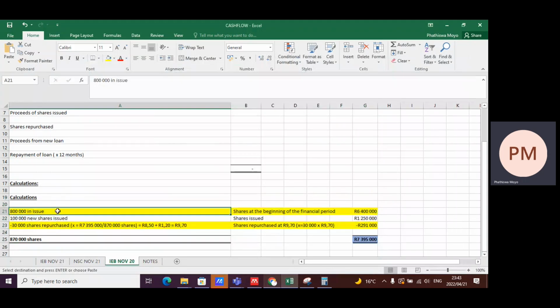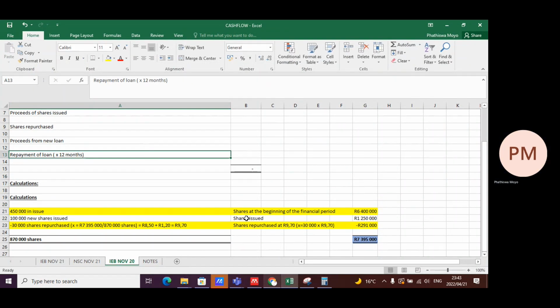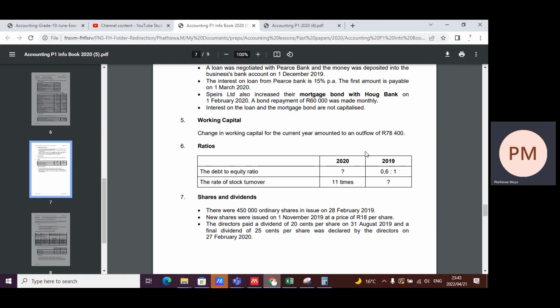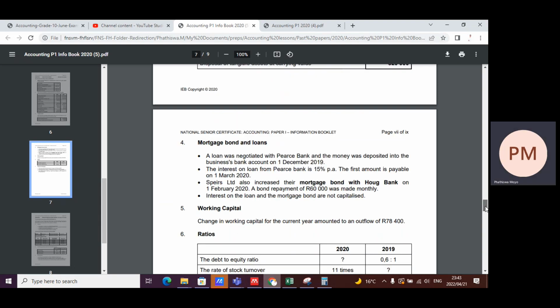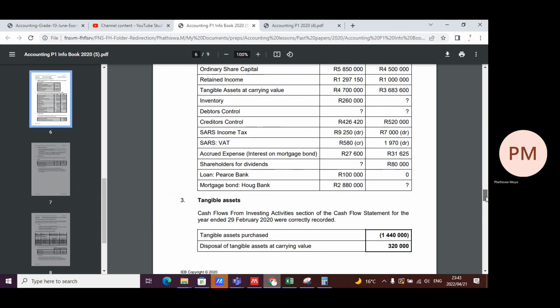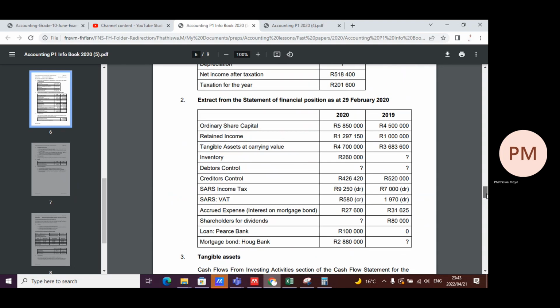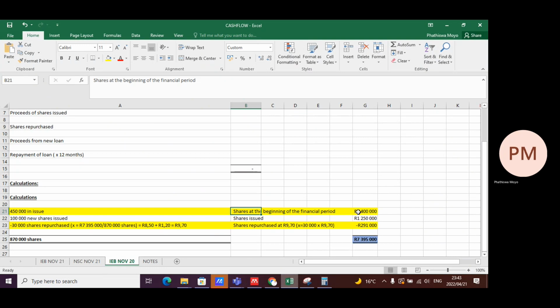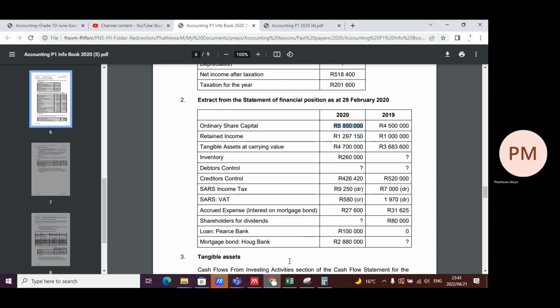It's 450 ordinary shares at the beginning of the year. We're given the figure, guys. This is the ordinary shares at the end.